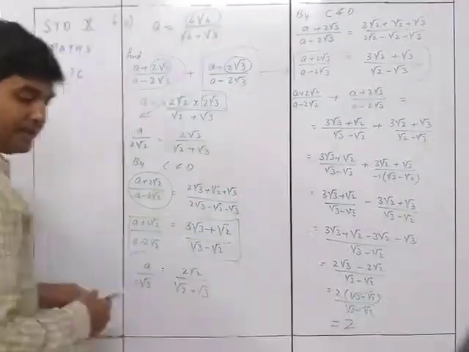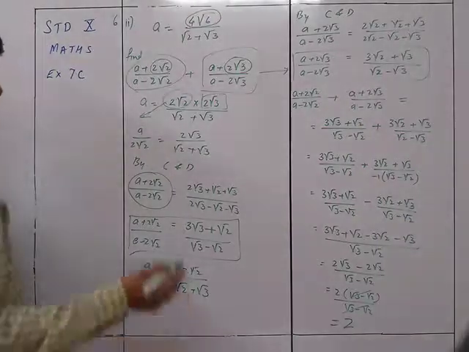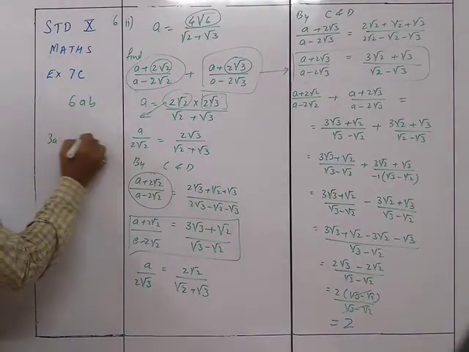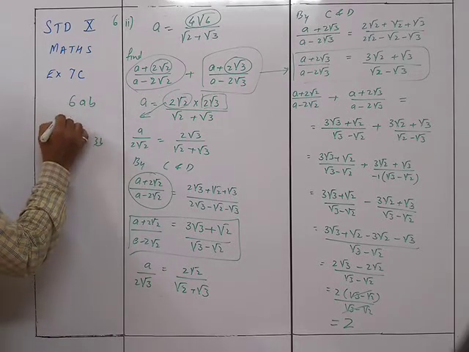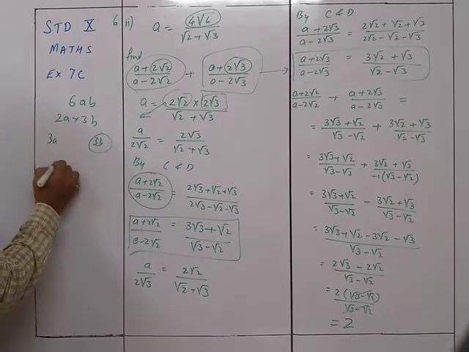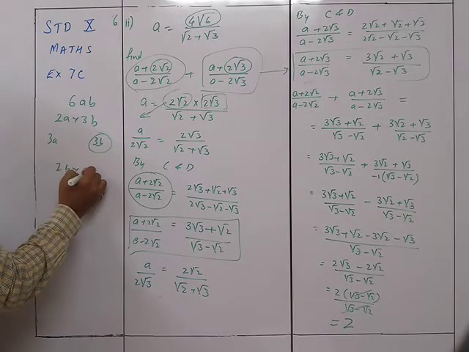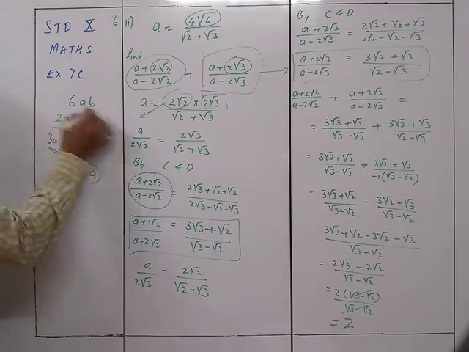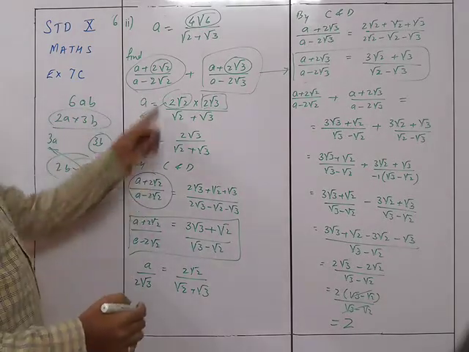So for example, in the case of 6ab, what I want is 3a and 3b. So in one case I'll write 2a into 3b for this one and I'll write 2b into 3a for this one. So 6ab will be split into this form or this form in this case and this case.